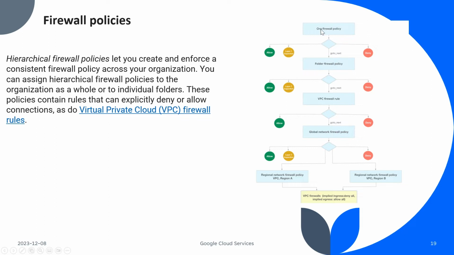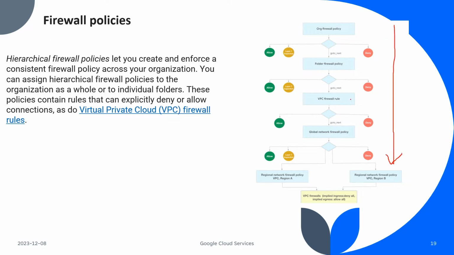The organization I have not covered; I am just covering this one. I'll cover the organization later on. So we talked about this one. The order is going like that.